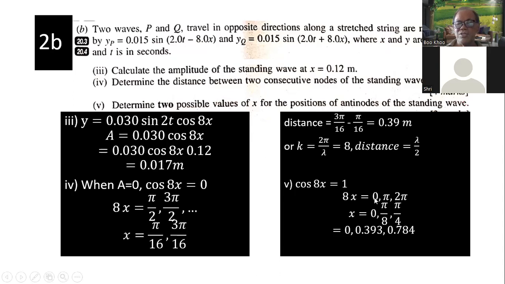So 1 is cos 0 or cos pi or cos 2 pi. The amplitude must be the same as this one. That's where you get your antinode, whereas for the node, we put A equals 0.